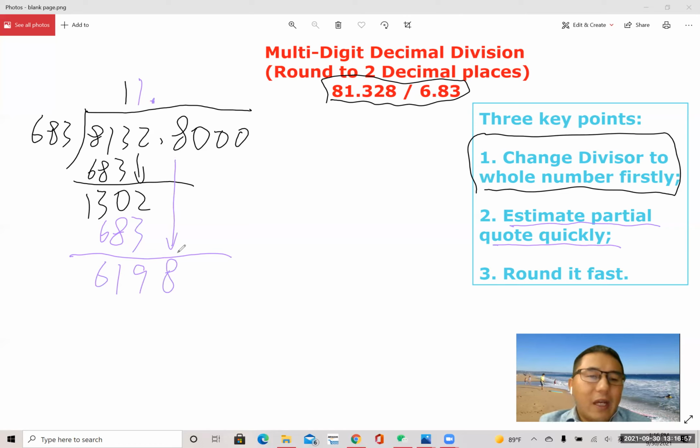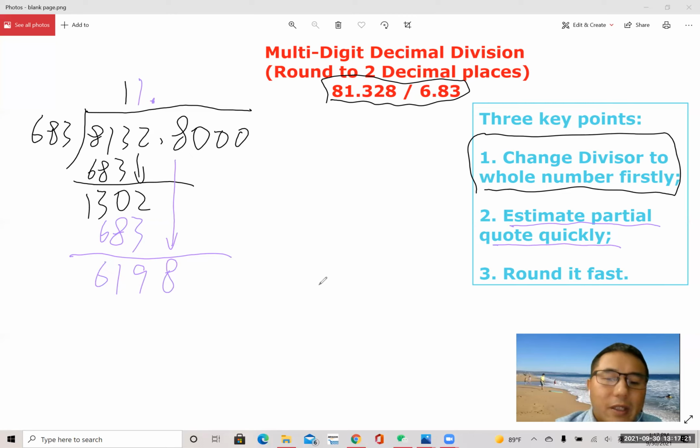Now we need to decide how many, maximally how many 683 inside 6198. This is a little bit hard. We have 2 ways to decide it. One is just to estimate. So let 683 round to the hundreds place.